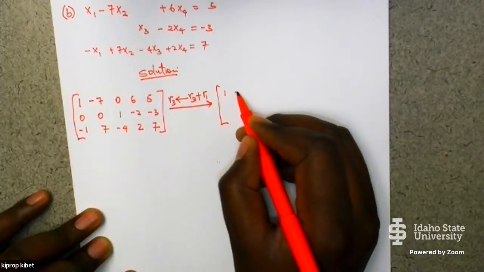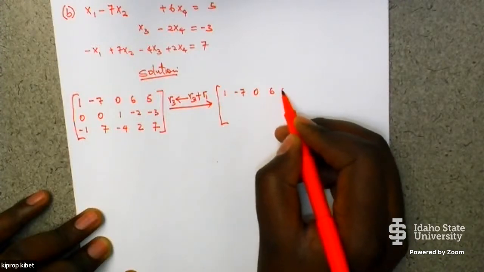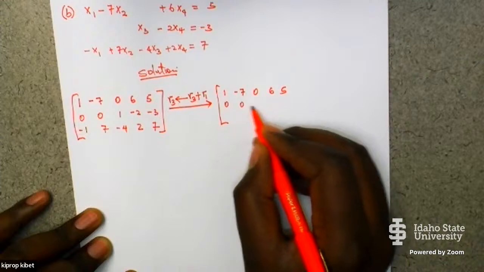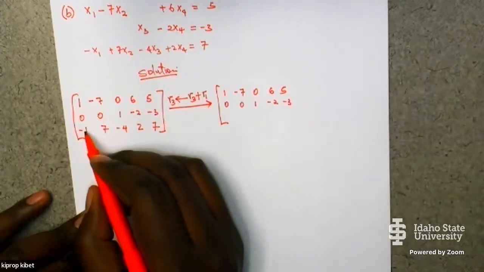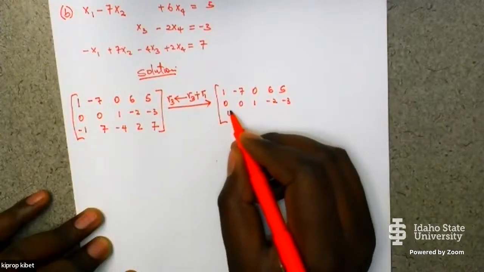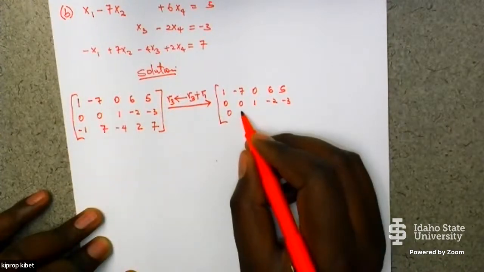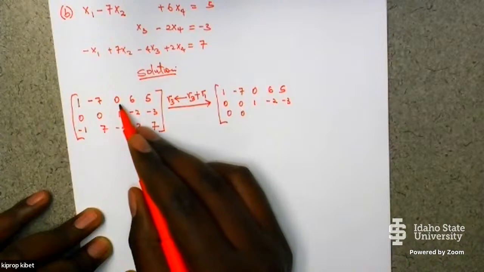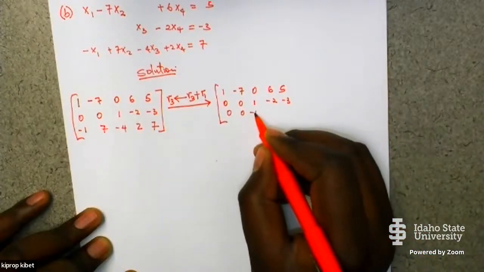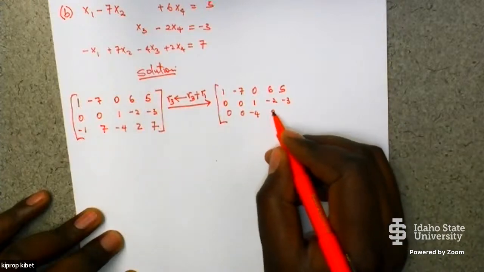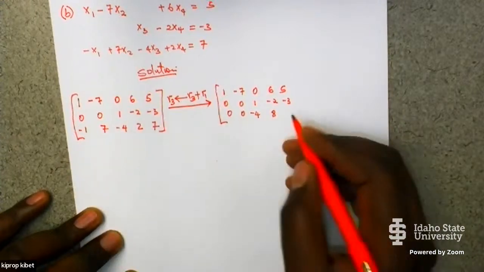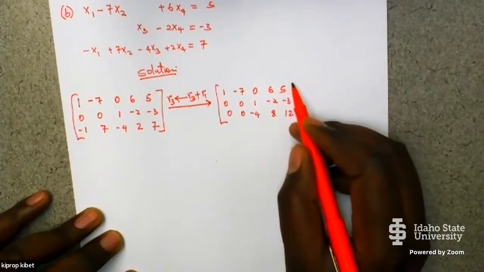So 1, -7, 0, 6, 5, 0, 0, 1, -2, -3. And then this plus this is 0. This plus this is 0. -4 plus 0 is -4. Then 2 plus 6 is 8. And then 7 plus 5 is 12.